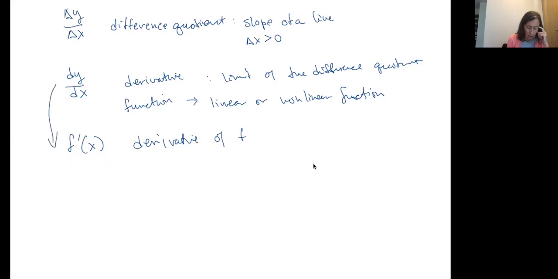These are equivalent. And I guess they're both in use because they have different advantages. The f prime notation here is really helpful when we want to put in specific values. So if we wanted to say what is the derivative evaluated at the point x equals 1.